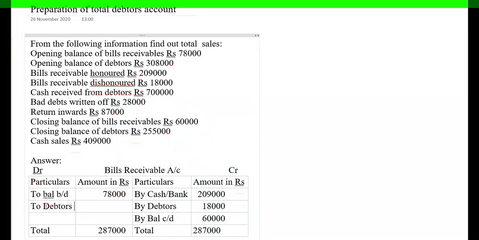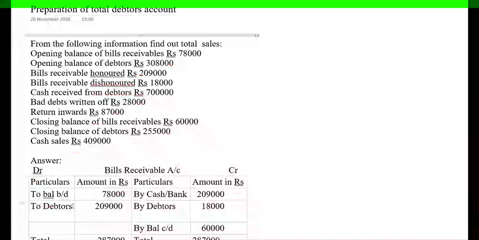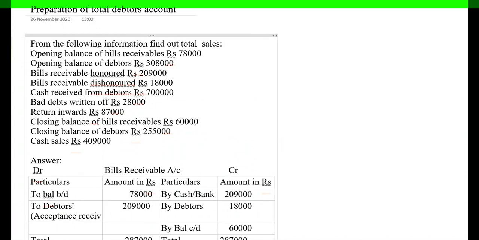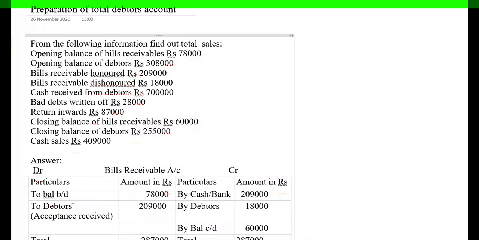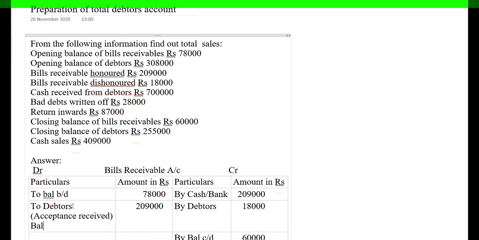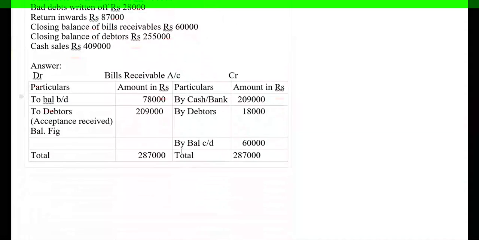The difference here is 2,09,000. This is acceptance received. Below let us write balancing figure.